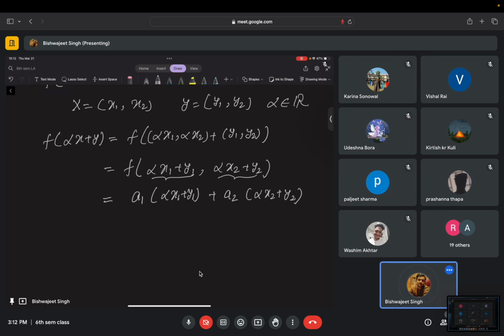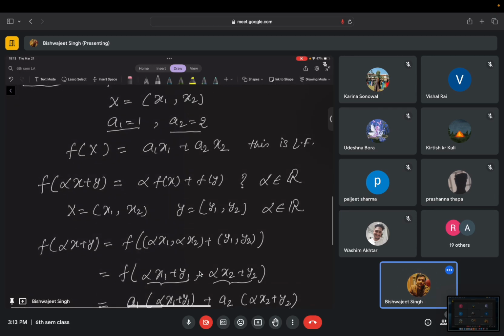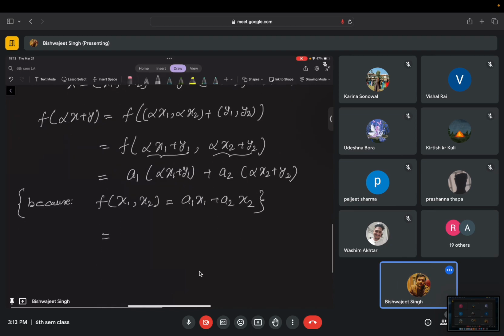This is how we have defined it, because f of x1 comma x2 is equal to a1 x1 plus a2 x2. But now, a1 we are taking as 1, a2 we are taking as 2. So this is equal to 1 times alpha x1 plus y1 plus 2 times alpha x2 plus y2.